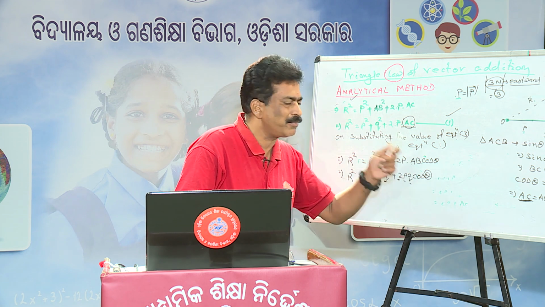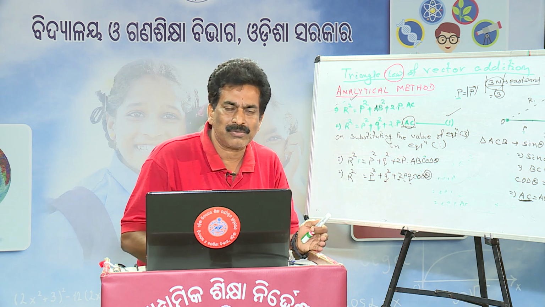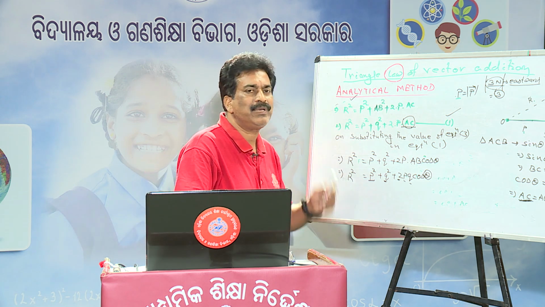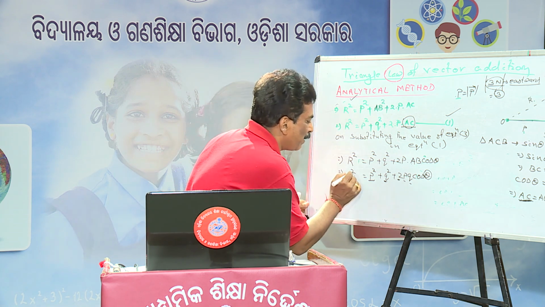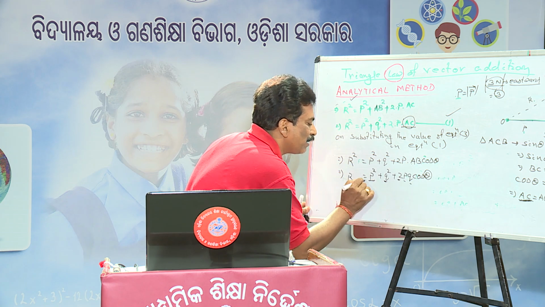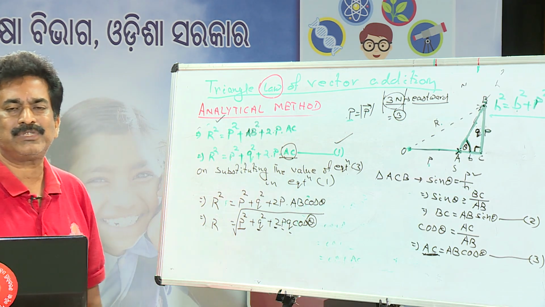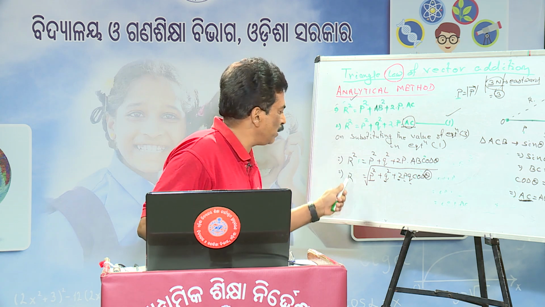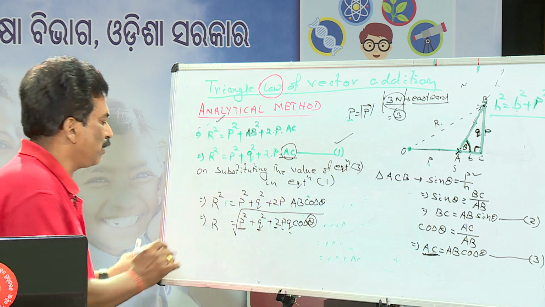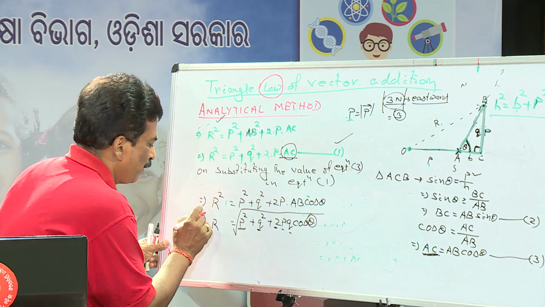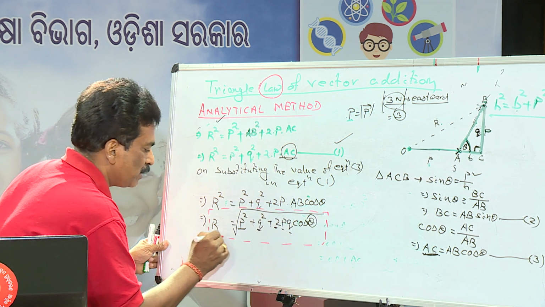If you take the square root of the total, that will give you the value of R. So if R square is equal to this, then we put a root cover over it, which is called the square root. This is the magnitude of the resultant.